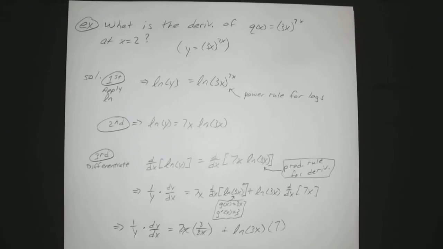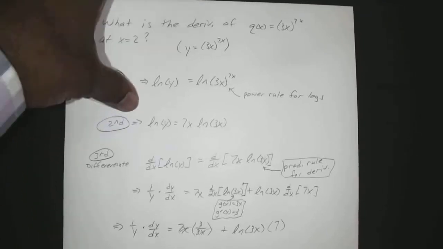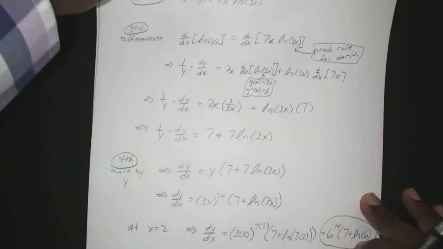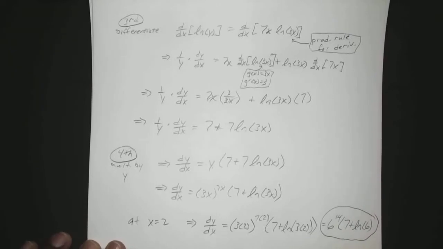All right. So going down a little bit. Oh, sorry about that. No, it's fine. So 2 lines up from your answer line, y times 7 plus 7 natural log of 3x, and then 1 down, you dropped the 7 in front of the natural log.